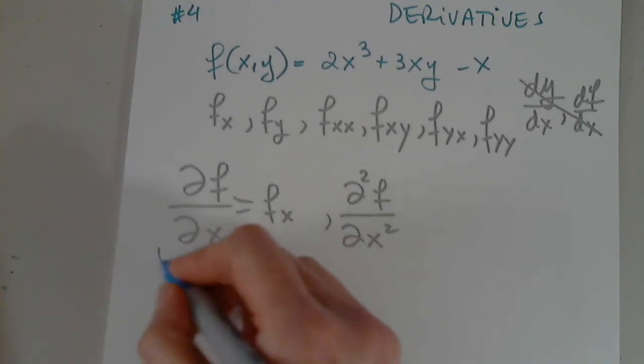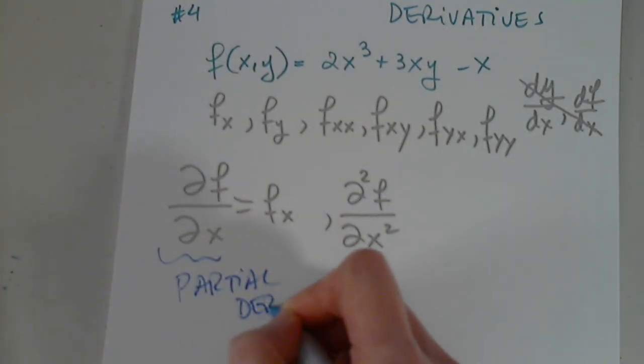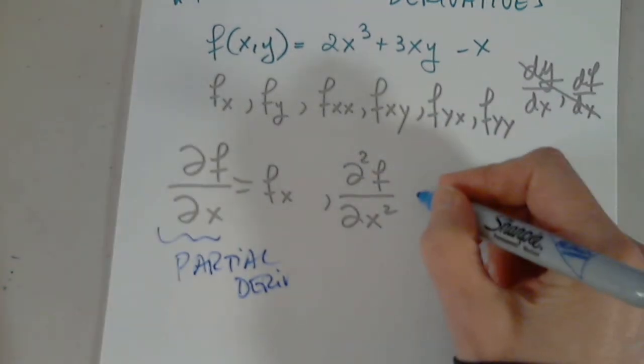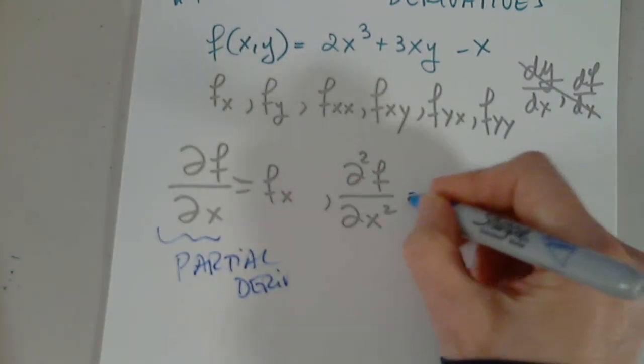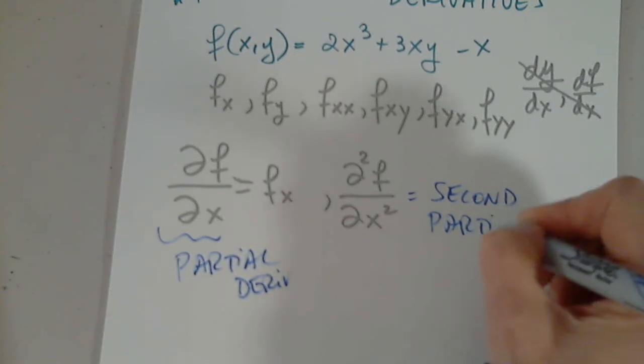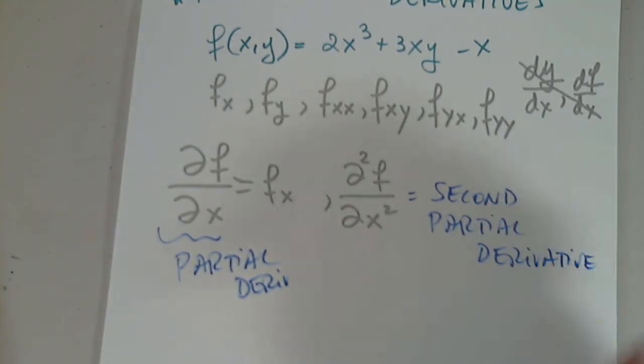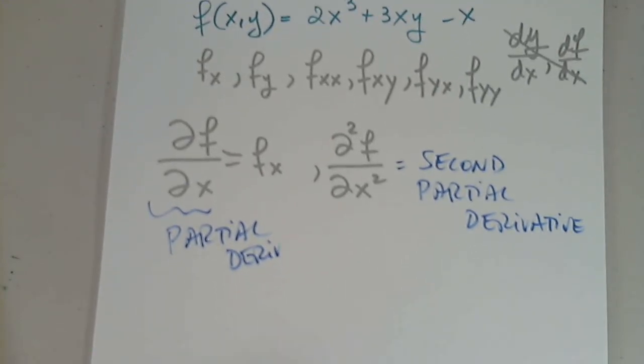So this is the first partial derivative. This is the second partial derivative with respect to x. Okay, so let's practice this with this function, and then we'll choose more sophisticated functions in a minute.